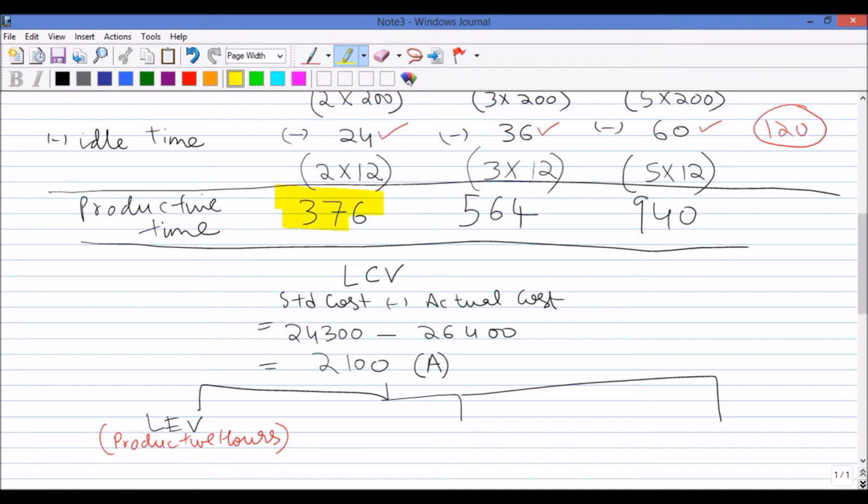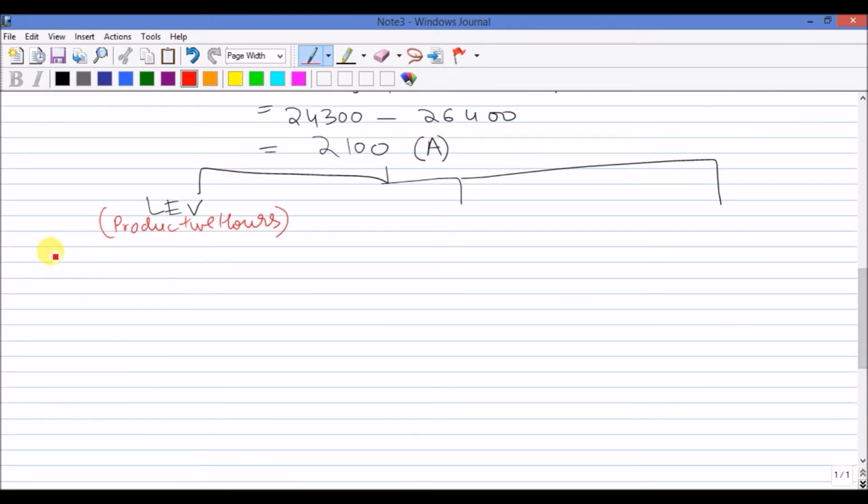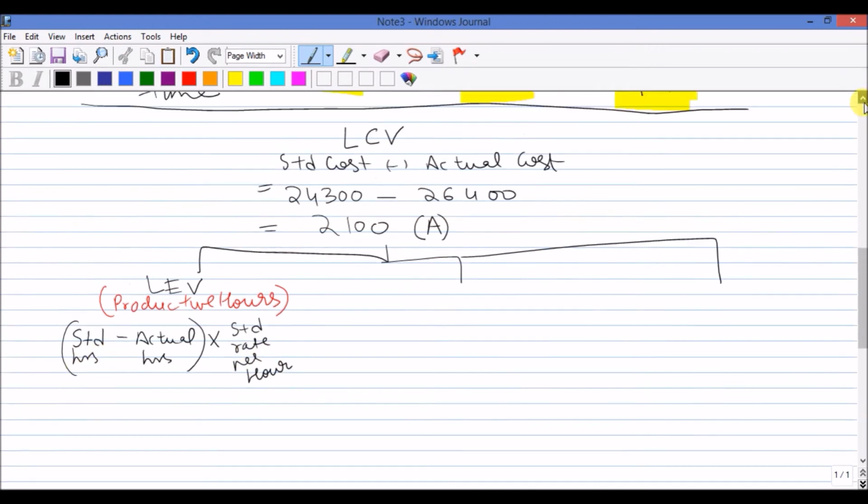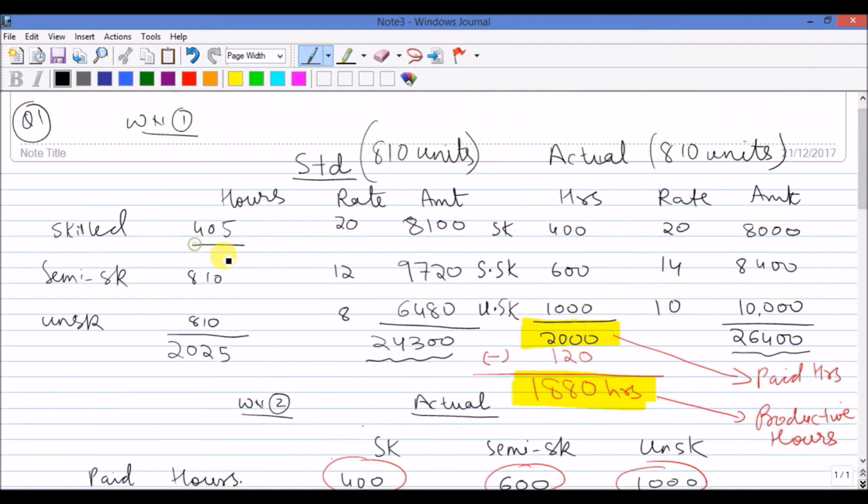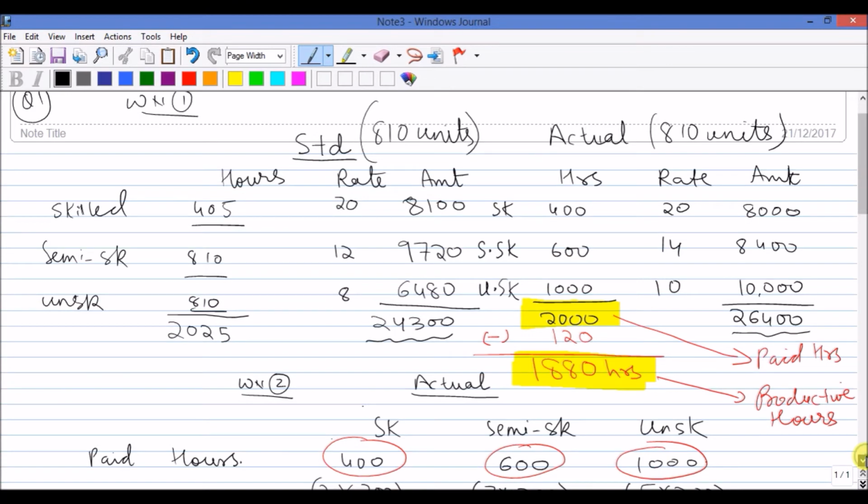All three are our productive time. So what we are going to do is standard hours minus actual hours into the standard rate per hour. So standard hours I need to look. Standard hours are 405, 810, 810.